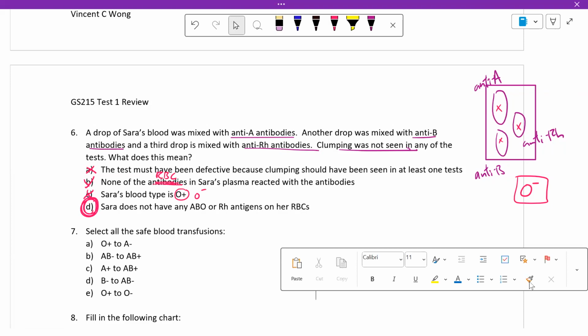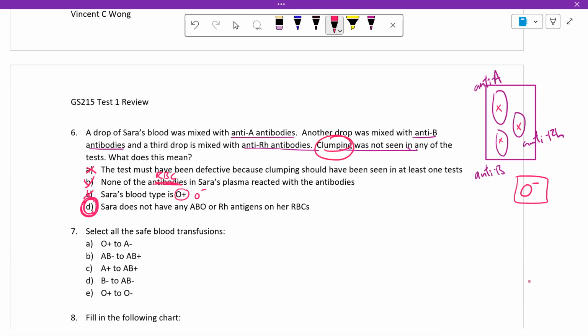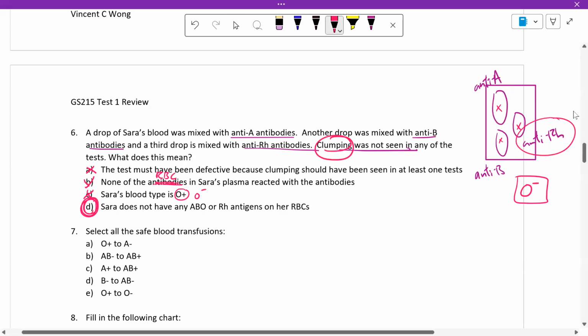I don't understand how it's O negative instead of O positive. Okay, there's no clumping, right? Not even with the anti-RH. If the person is positive, then the antibody would have reacted with the red cells, right? But it didn't. The fact that it didn't react with the red cells means it's not positive for RH.